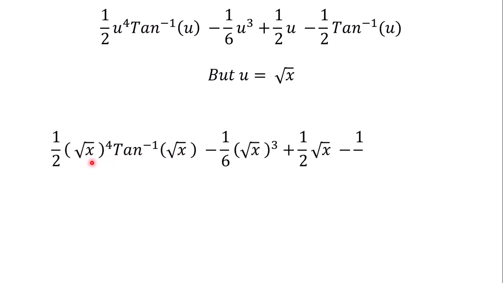Okay, so 1 over 2, here we are having u to the power 4, so here that will give us square root of x raised to the power 4 times tangent inverse of square root of x, minus 1 over 6 times square root of x raised to the power 3, plus half times square root of x, minus 1 over 2 tangent inverse of square root of x.